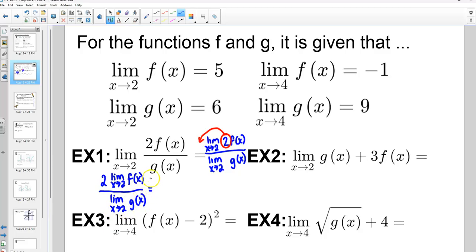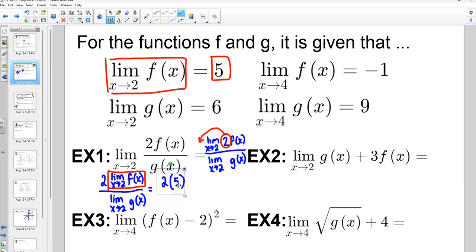Now, normally when I'm doing these problems, I do this part in my head. I don't really write that out. But I am told that the limit as x approaches 2 of f of x equals 5. So right here is the limit as x approaches 2 of f of x. I can replace all of that with 5.